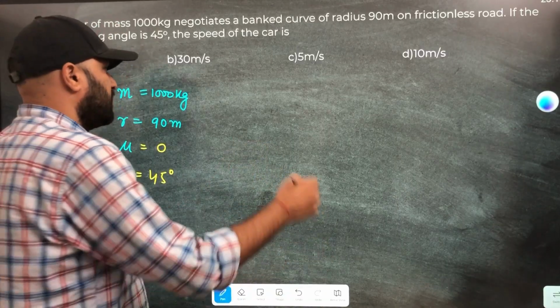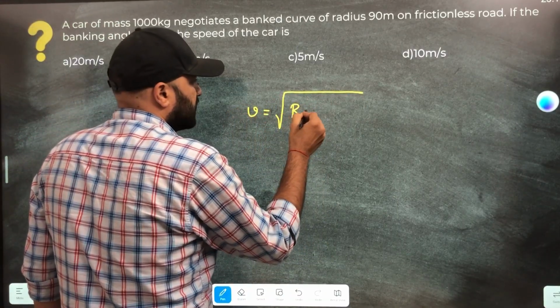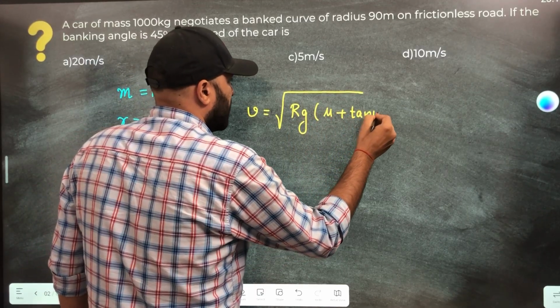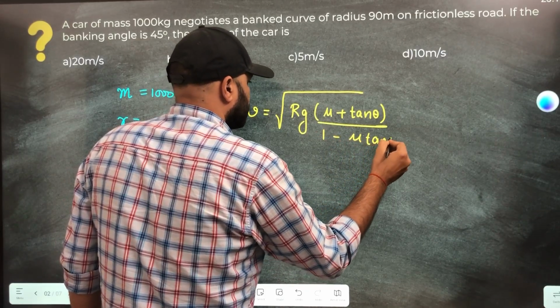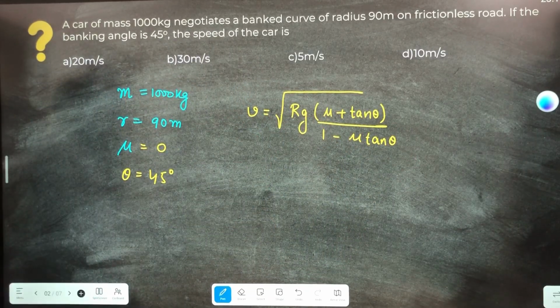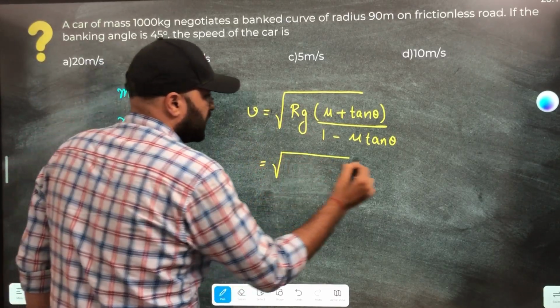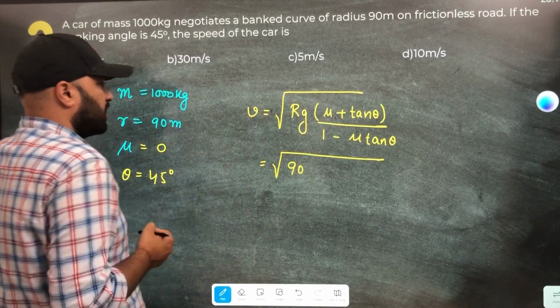So let me remind you of our expression. Our expression was nothing but root under rg mu plus tan theta whole divided by 1 minus mu tan theta, correct? Now what will be your theta here? Theta here is 45 degree and mu here is 0. Let's substitute the values. R, what is the R? R is 90 meters, the radius of the curved path.